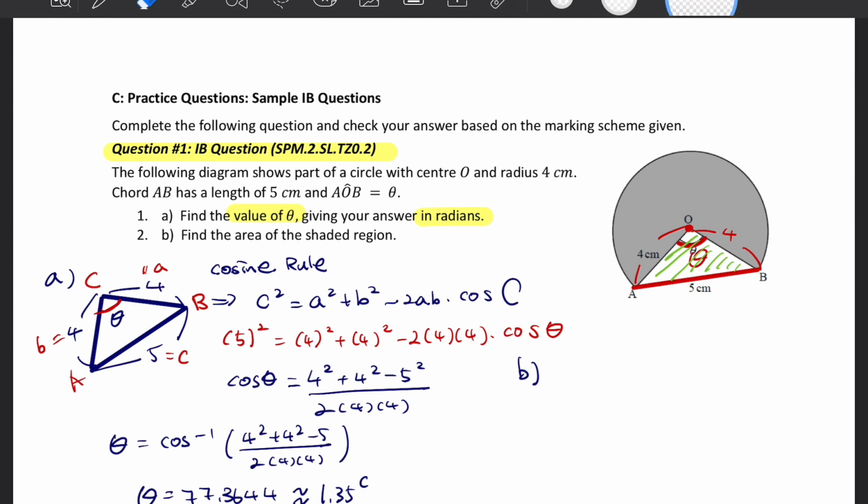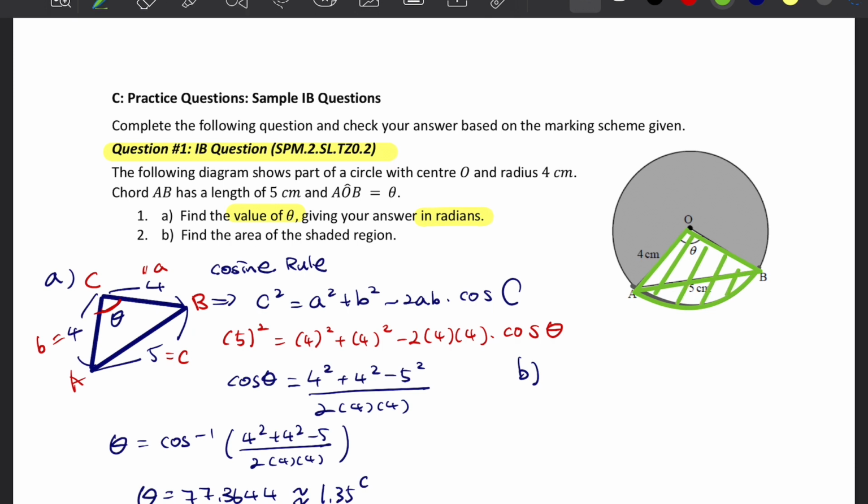Then question B, we need to identify the area of the shaded region. So let's clear this diagram a little bit. The shaded region is part of the circle, and we know that this is an incomplete circle, so I'm going to draw the remaining part of the circle. Then we can see that there's a sector.